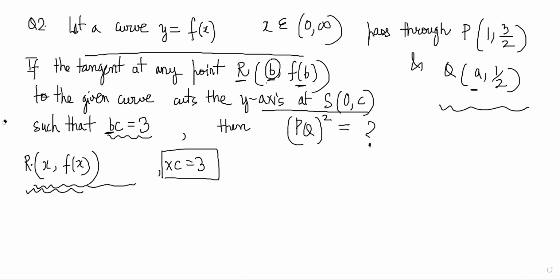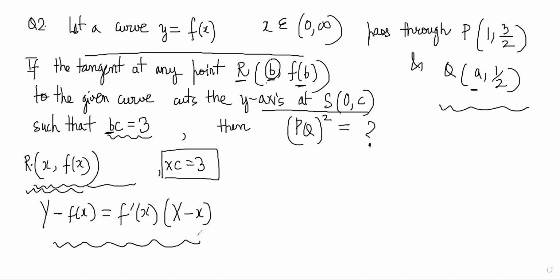Capital Y and capital X. Capital Y minus f of x is equal to f dash x, capital X minus x. This is the equation of the tangent, right? Yes. Because these points are actually known. Just because we are writing symbol X doesn't mean it is unknown. It's known thing, right?